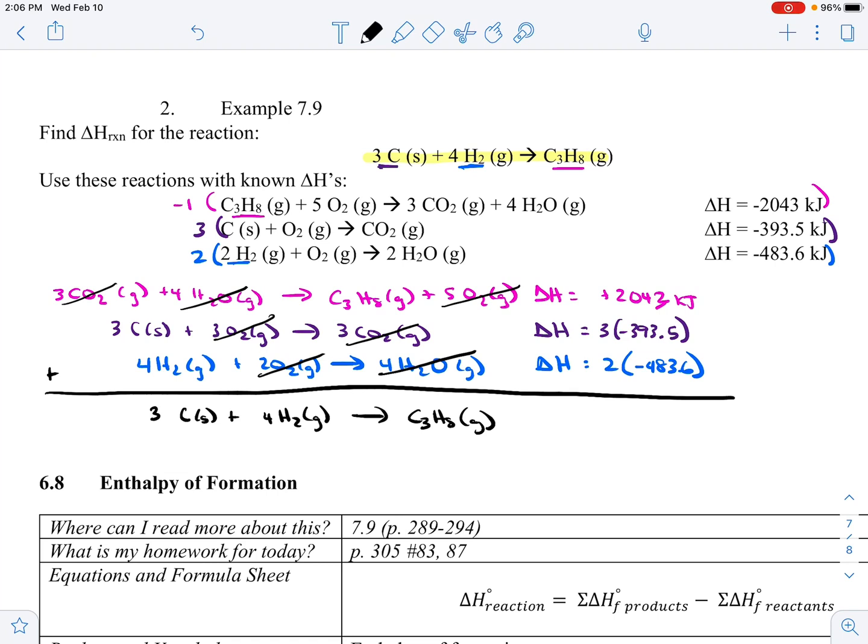Let's see if that gets us the answer we're supposed to get. Look at that. We get delta H is equal to negative 104.7 kilojoules. And that's correct. We're right on sig figs too. Rock on. There's your answer. All right, see you next time.